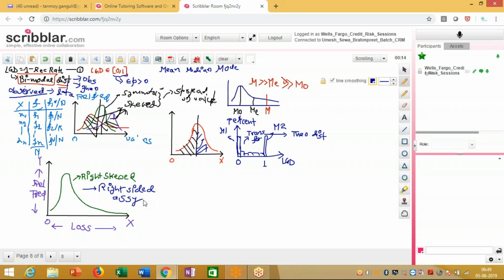Hence your mode of the distribution also occurs at the lower end values. So basically the small values of the losses are most likely to occur. These are the small loss percentages which we can hope to see.